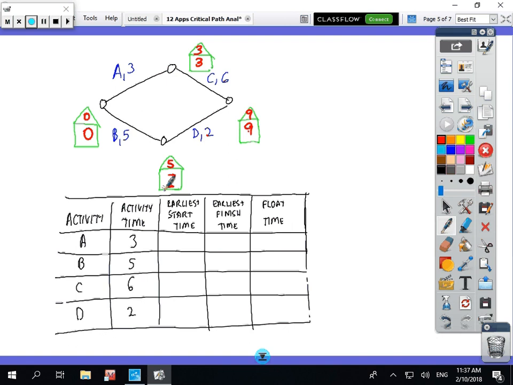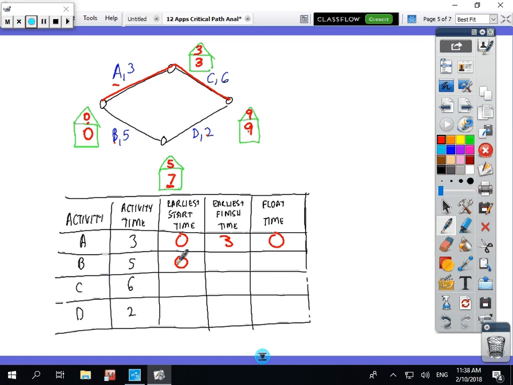Activity A, earliest start time is 0, earliest finish time is 3, and it's on the critical path, so it has no float time. Activity B, the earliest it starts is 0.